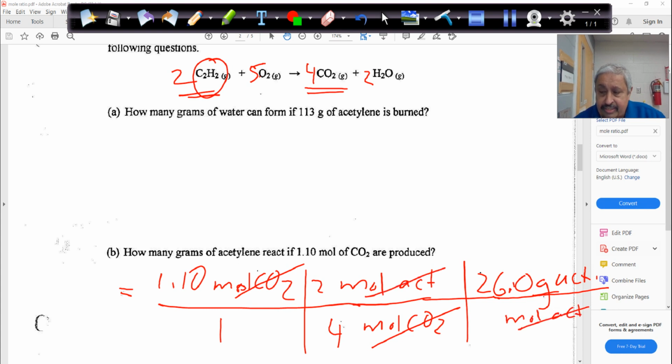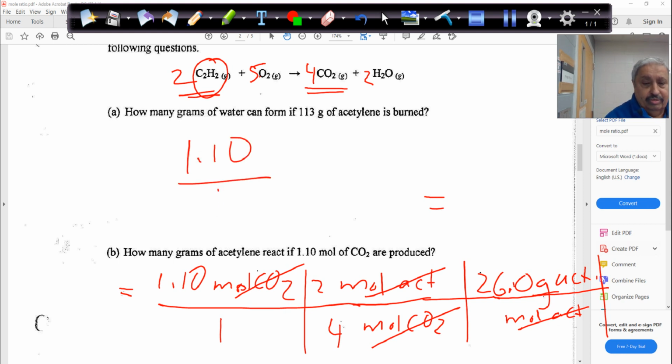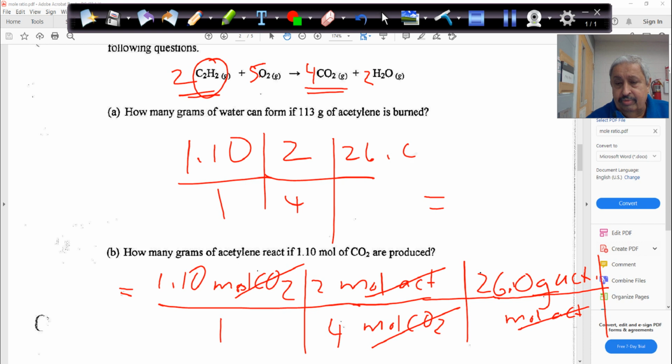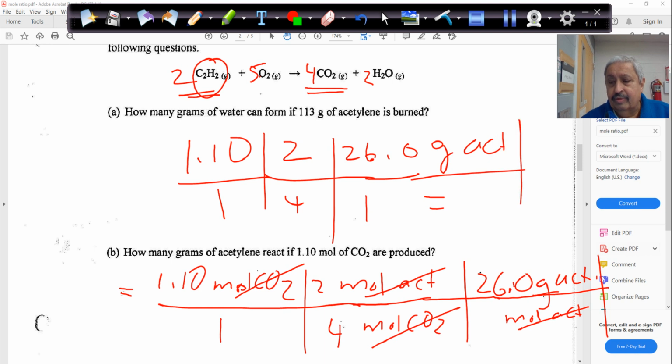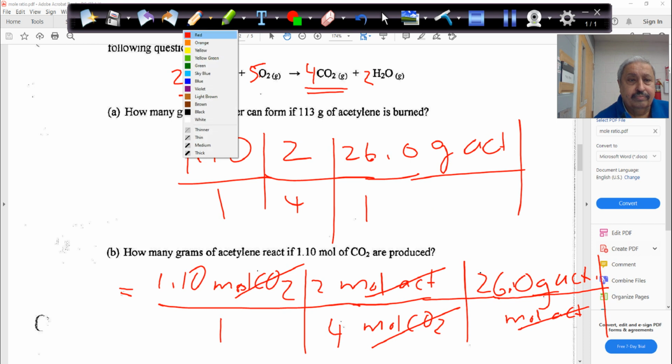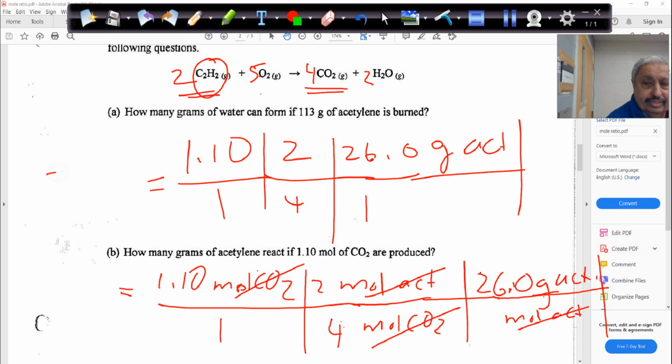So you have 1.10 over 1, 2 over 4, and then 26.0 over 1. And this is gram of acetylene. So the answer is, how much is it? 14.3 gram.